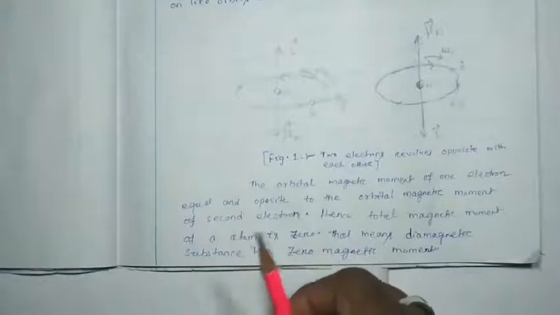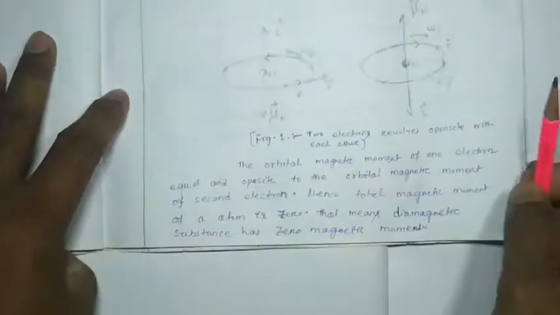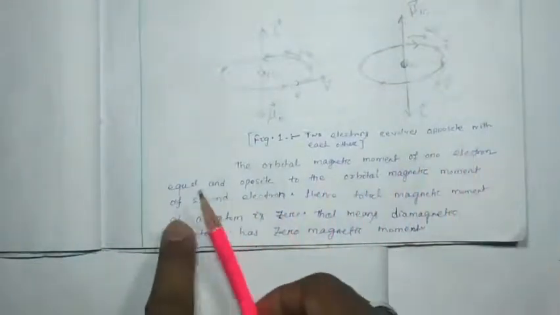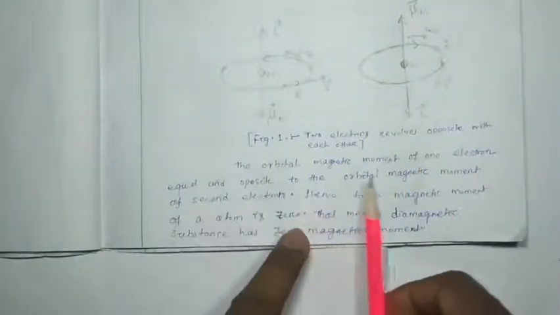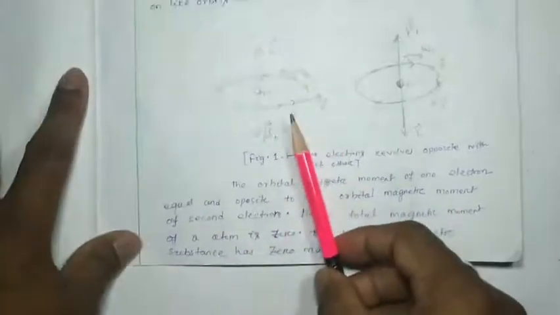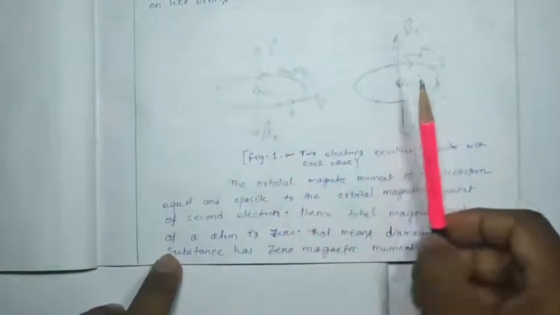Now what is going to be found mathematically? See, the orbital magnetic moment of one electron is equal and opposite to the orbital magnetic moment of the second electron. Suppose this is your first electron, the orbital magnetic moment will be this side, for the second it will be this side.